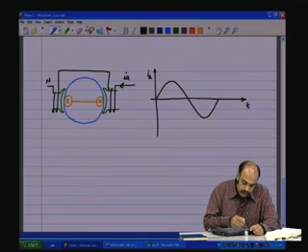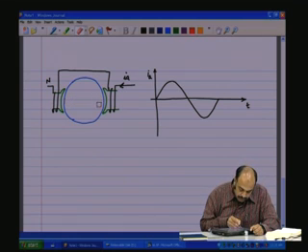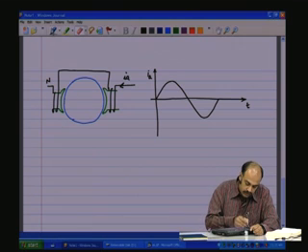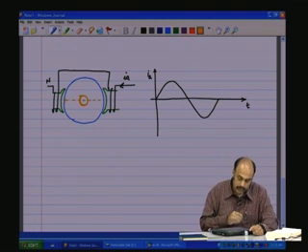So what happens to the dumbbell inside, which represents the magnitude of the flux? It will be residing here. There is no amplitude because it is 0.